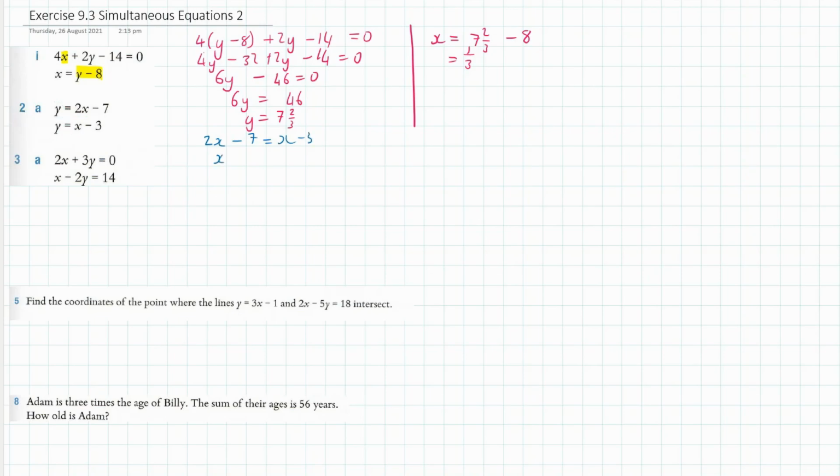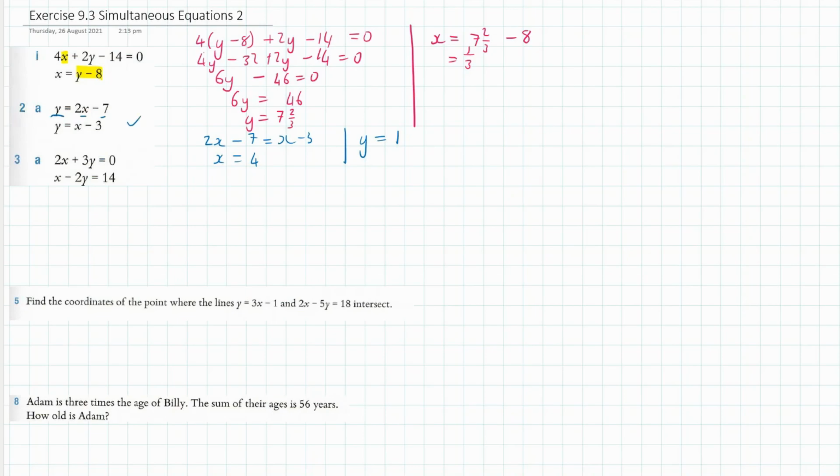Gather the like terms, so I'm bringing my x's to the left hand side and my non-x's to the right hand side. I'm going to add 7 to both sides here, so I get x equals 4, and then we can substitute in, so y is equal to x minus 3, or 4 minus 3, 1. We can check with the other one, the top equation: does 1 equal 2 times 4 take away 7? Yes, it does, so we've got that one right.